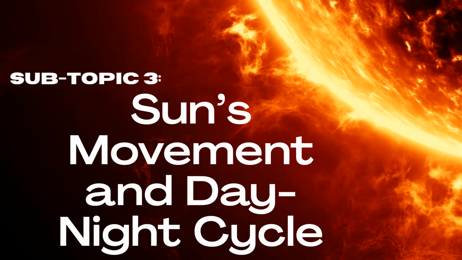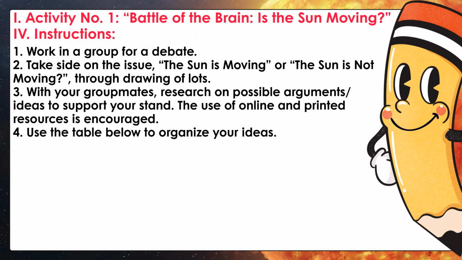Subtopic number 3. Sun's movement and day-night cycle. Activity number 1. Battle of the brain. Is the sun moving? Instructions. Work in a group for a debate. Take a side on the issue, the sun is moving or the sun is not moving, through drawing of lots.